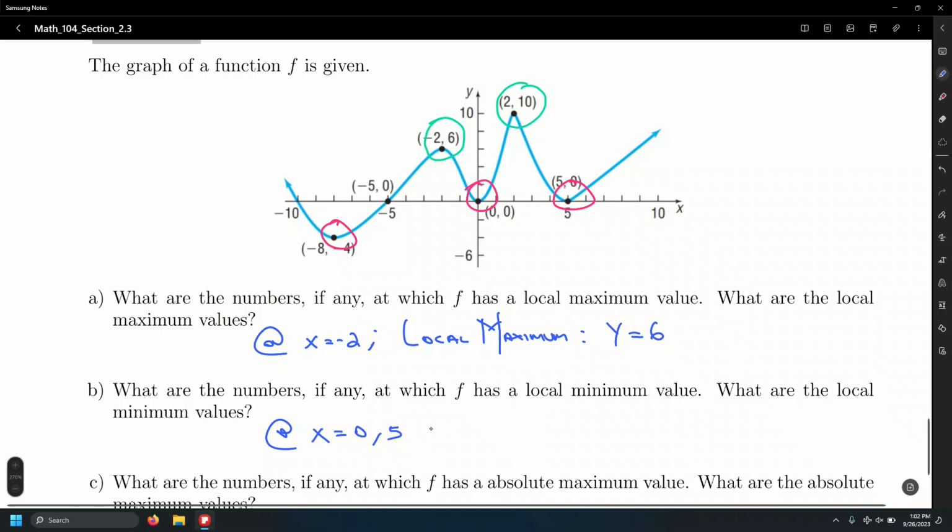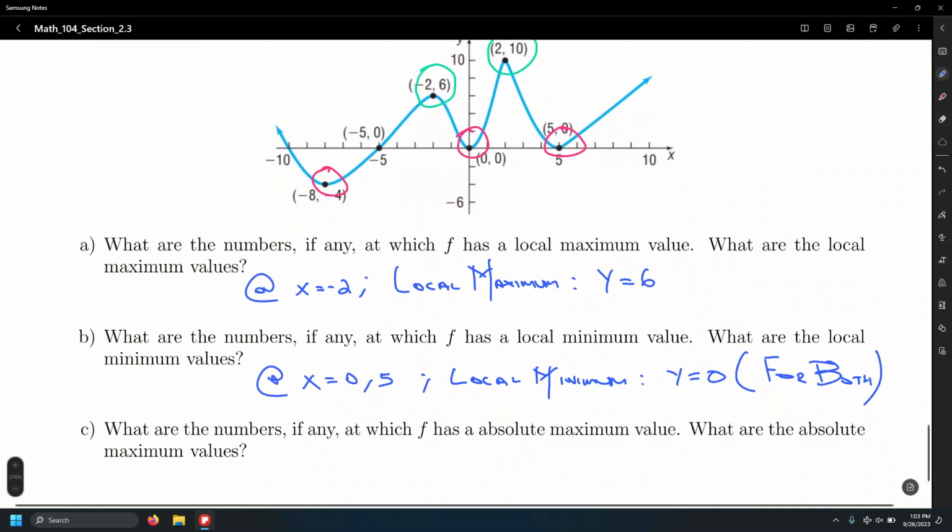And the local minimum is going to be whatever y value is related to each of them. Since it's the same y value, that'll be y equals 0 for both. So we're done with the local values.